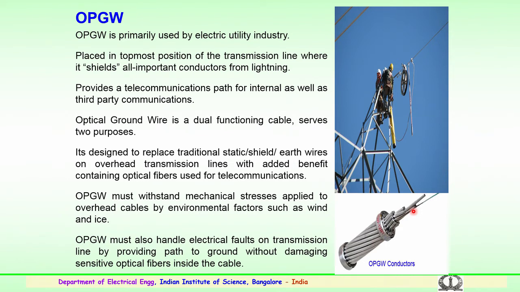The optical ground wire will provide a path to the earthing or grounding system without damaging the optical fibers inserted in the cable. So, very important, the faults should be diverted to the outer periphery of the grounded electrode without damaging the inside fiber optic cable.